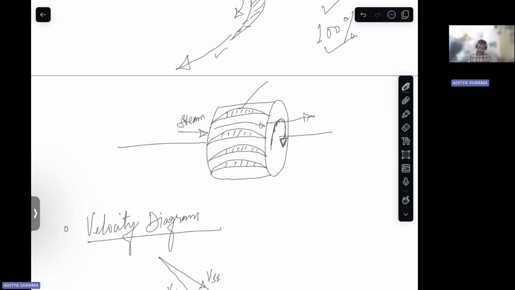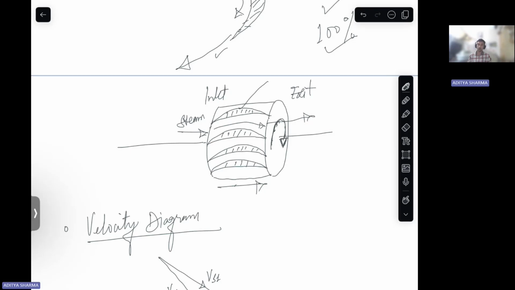But if this is your inlet of the moving blades and this is your exit, because of the pressure differences at the inlet and exit, the whole shaft and rotor will experience some force in the axial direction. This is not required in steam turbines.